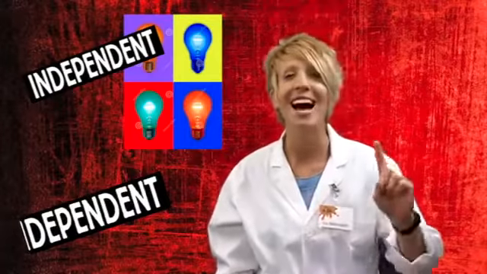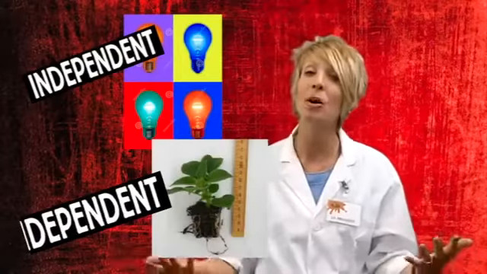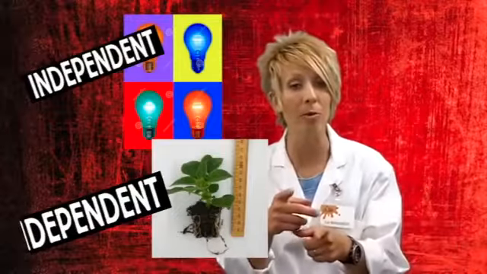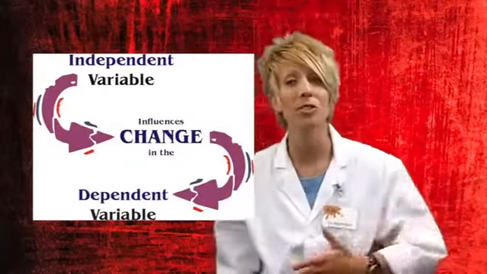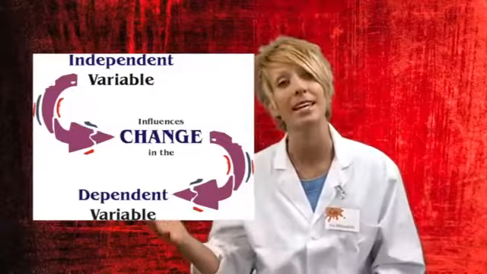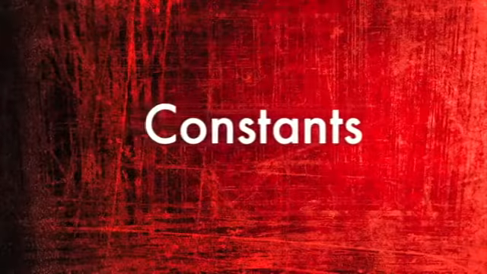What then depends on that type of light? In other words, what are we measuring? That is the height of the plant, how much it grows. We also, again, remember, call it the responding variable. The height of the plant is in response to what color of light it gets.